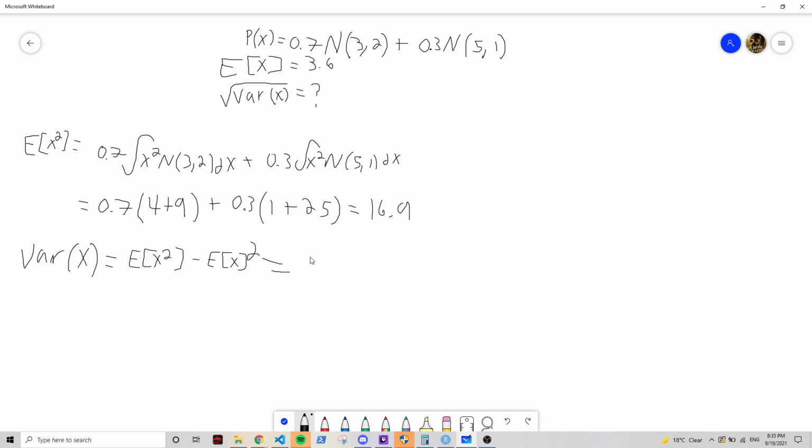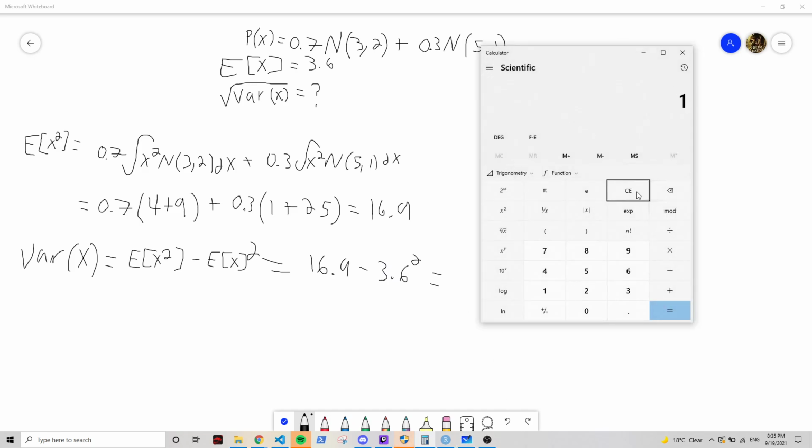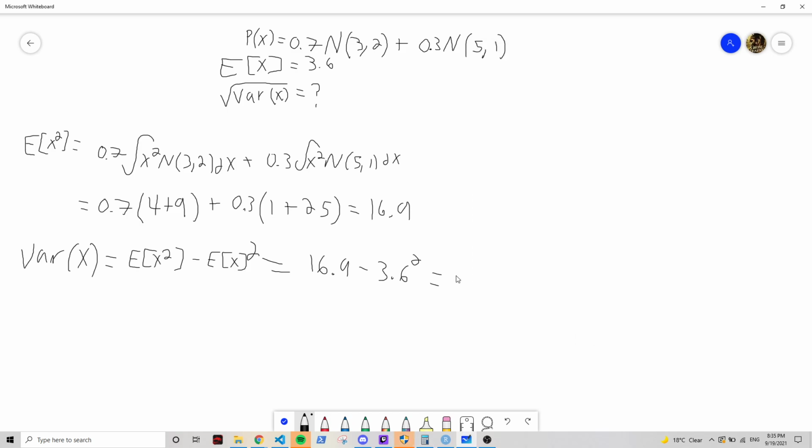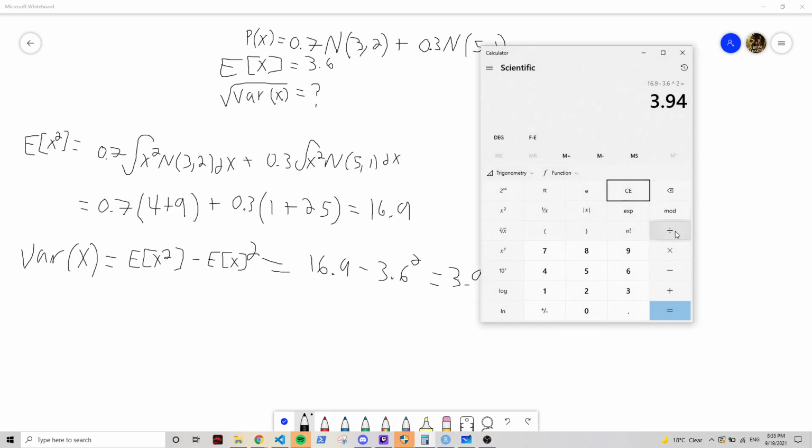And so this is 16.9 minus 3.6 squared, which is 16.9 minus 3.6 squared. This is 3.94. And then, of course, the standard deviation is just the square root, which is 1.985. I'll round it.